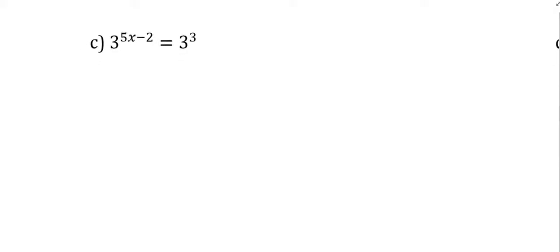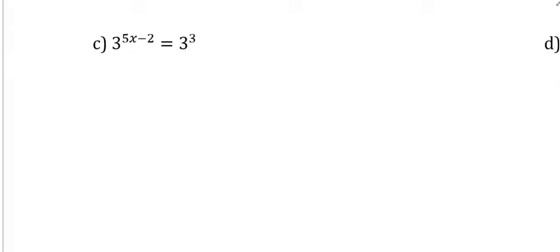More interesting again because it's got a different base, although it's already done for us. What must be true if 3 to the 5x minus 2 equals 3 to the 3? Yeah, the bases are already the same, so therefore 5x minus 2 equals 3.